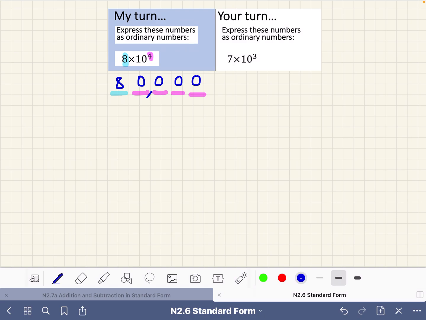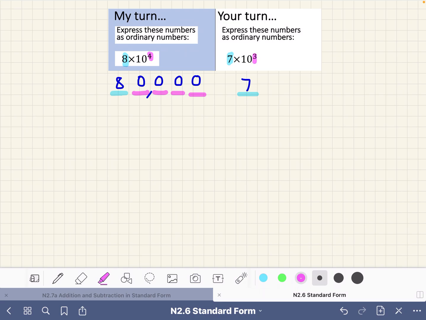Press pause while you try the your turn question. We have a 7 at the start of our standard form number, which means we will have a 7 at the start of our ordinary number.